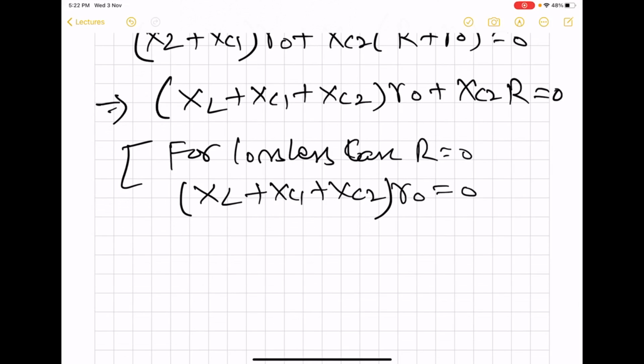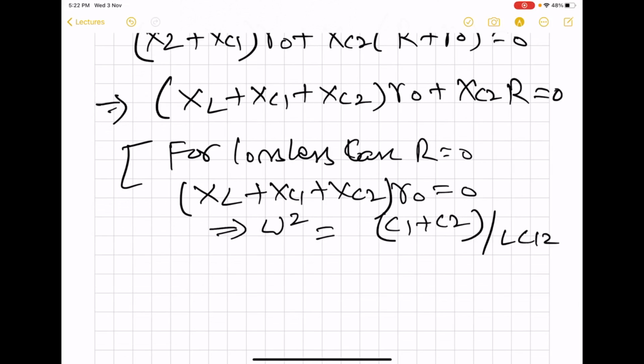So this one will ultimately give rise to the equation that we had already found out. That means omega square is equal to C1 plus C2 divided by L C1 and C2. So this is just to show that the negative resistance model analysis does give a result similar to what we had obtained for the feedback model.